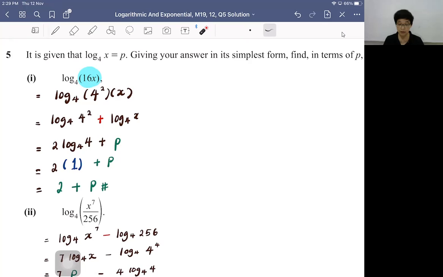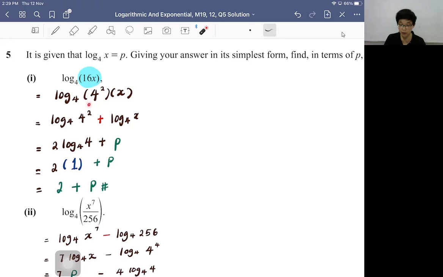With that interesting relationship and the breaking down of 16x into two multiples, we have taken the decision to break 16 up into 4 squared, with a separate multiple of x.